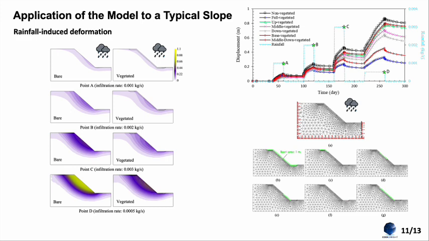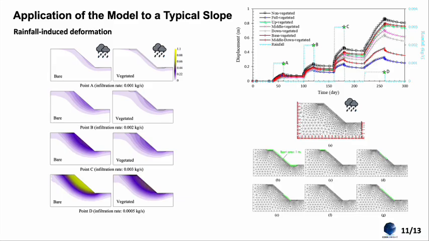Then we use this verified model for simulating the slope behavior in rainfall and its deformation. We have used 3 rain cycles, along with one rain with a lower rate but a higher duration.